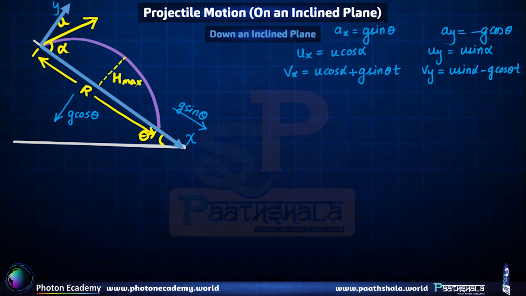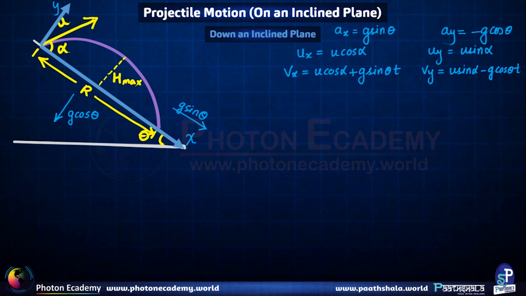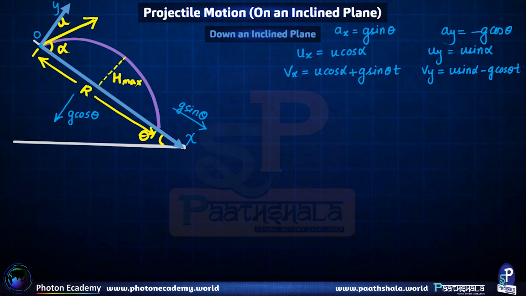So the velocity in the x direction is continually increasing and the velocity in the y direction is initially decreasing, and later, when it reaches the maximum height, it's increasing, because the component of gravity happens to be opposite to the initial velocity. The origin of the coordinate system is assumed to be at the intersection point of the x and the y axis shown in the figure.